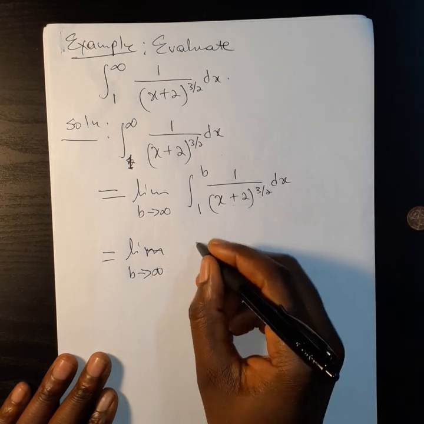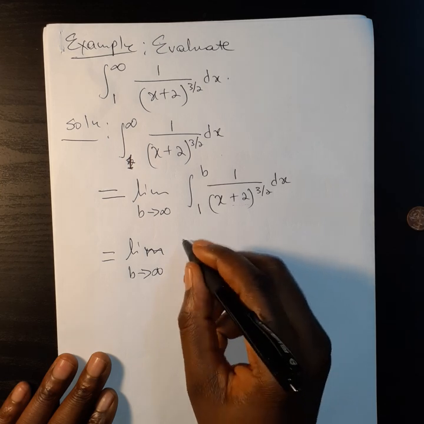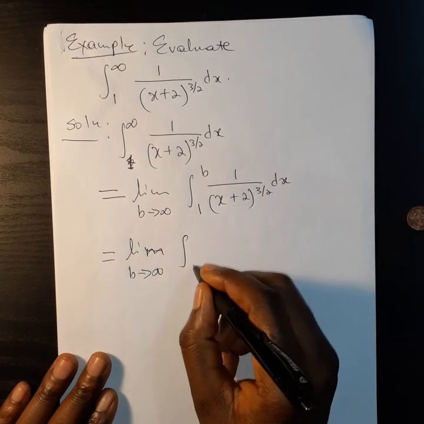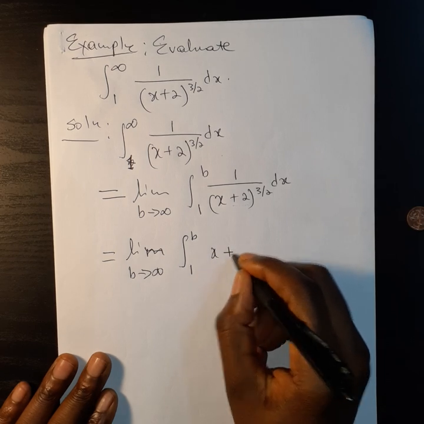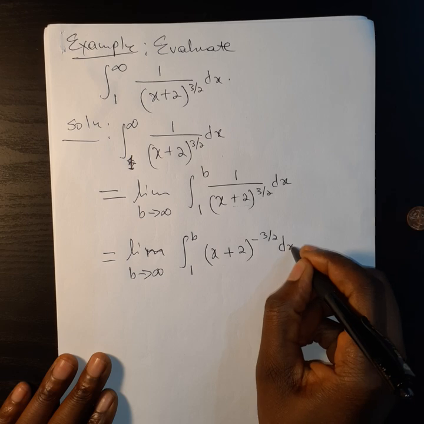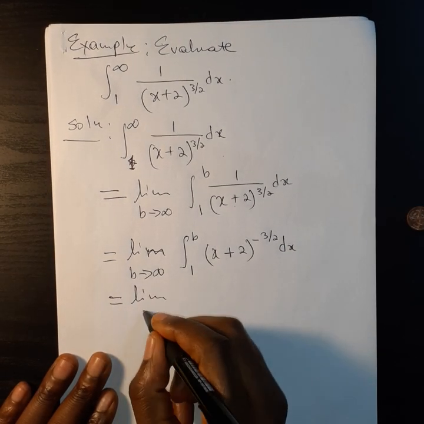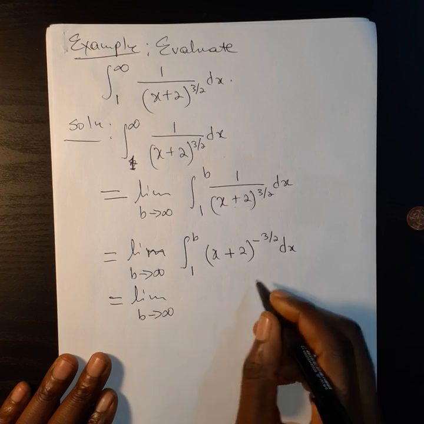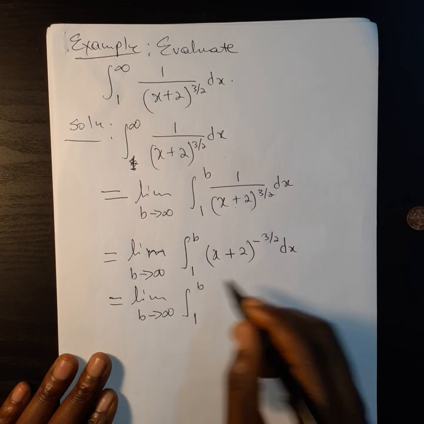In other words, what I'm saying is this is the same thing as the integral of (x plus 2) to the power of minus 3 over 2 dx, like that, which is the same thing as the integral from 1 to b.